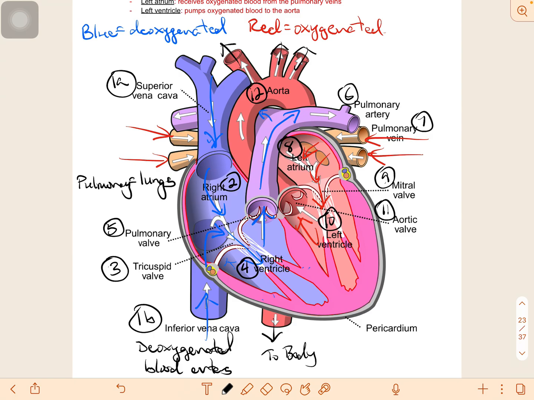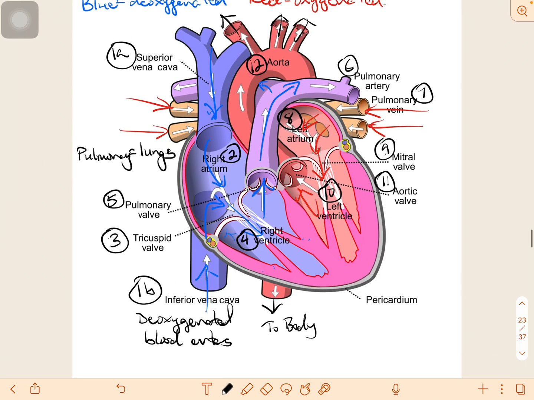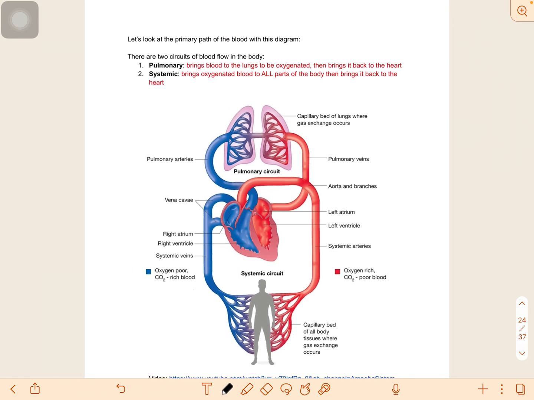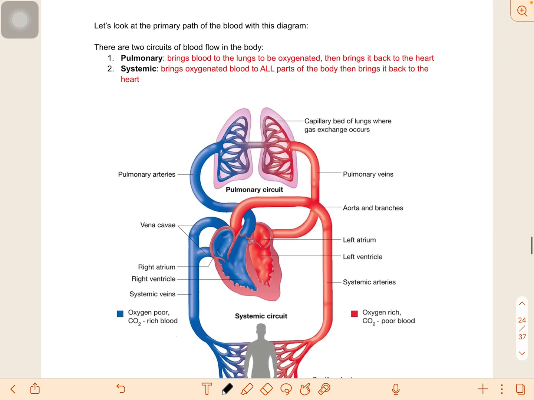Okay? Now, you've got 2 circuits that we need to talk about. There's different paths of blood, and we have to understand them both. So I'm going to circle this path here. This is the pulmonary circuit.